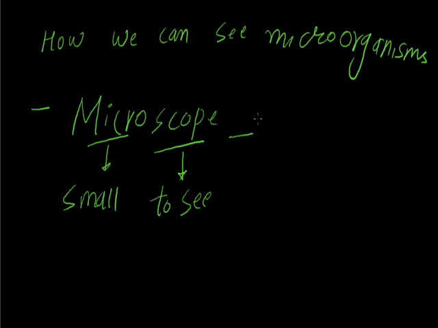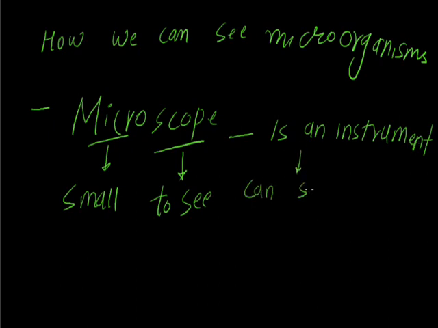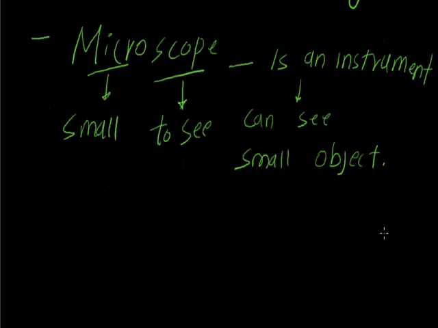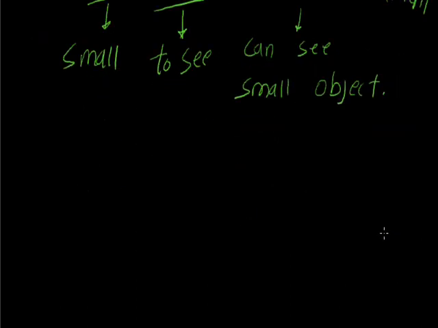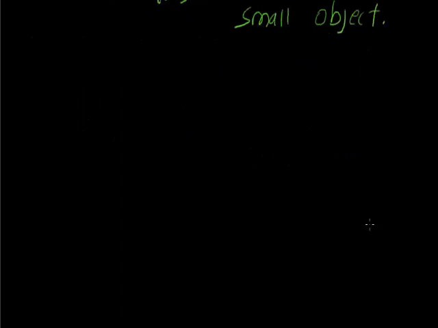So what is a microscope? A microscope is an instrument with the help of which we can see very small objects which we cannot see by naked eyes. So a microscope is an instrument which helps in the study of microorganisms.